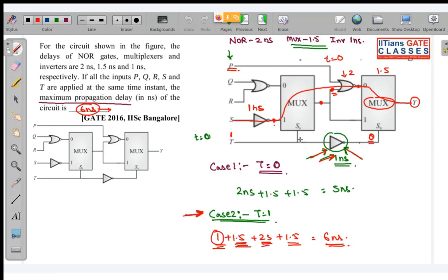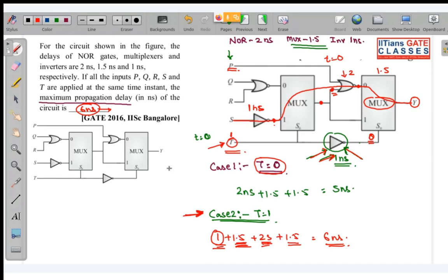Now, this T input has the highest priority because it selects which input path will be propagated to the output. That is why we are making different cases of T, because T is driving the multiplexer. So we are making two cases, t equal to 0 and t equal to 1, since we don't know whether the initial state of T is 0 or 1.